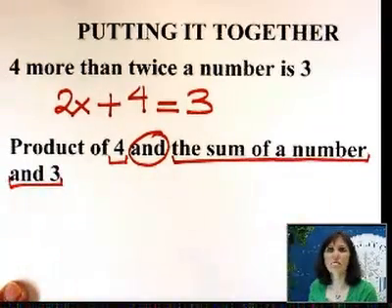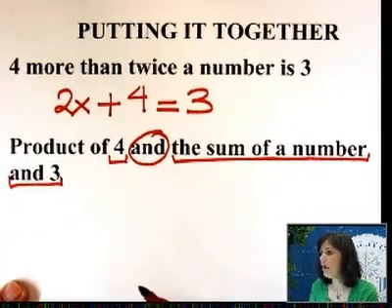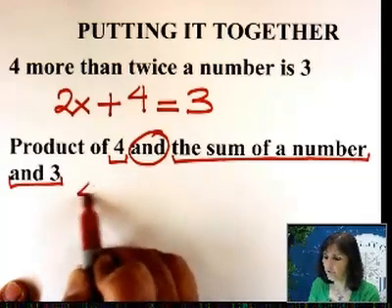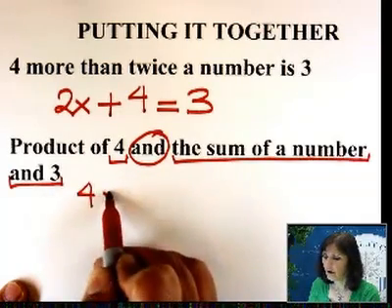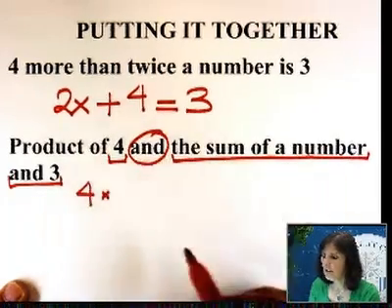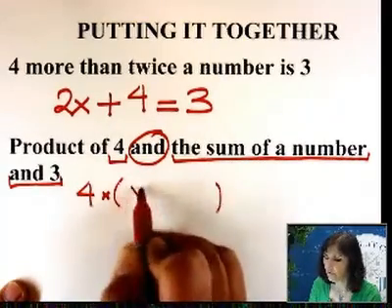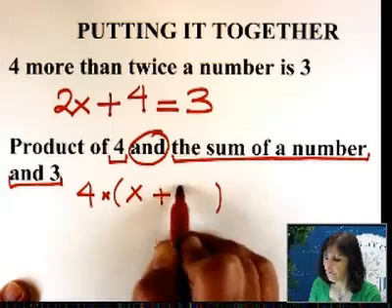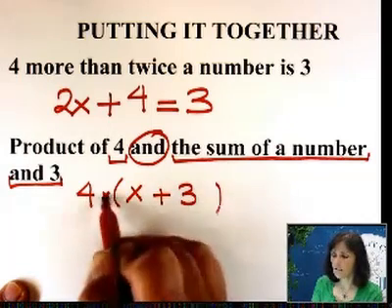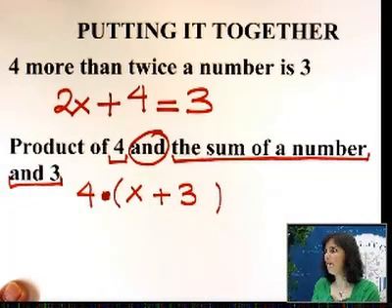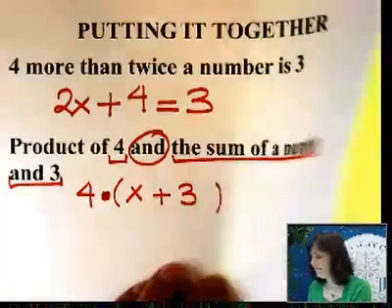There's no is in there, so this is just simply an expression. Product of means multiply: 4 times the sum of a number and 3. Parentheses, because that whole thing is together. Sum of a number and 3. So this is just multiplication. Okay? All right.